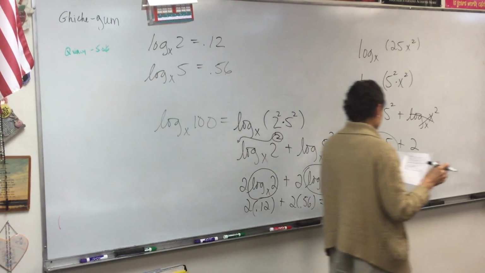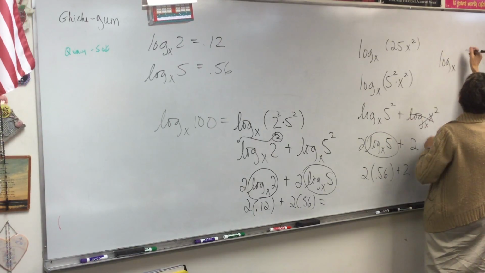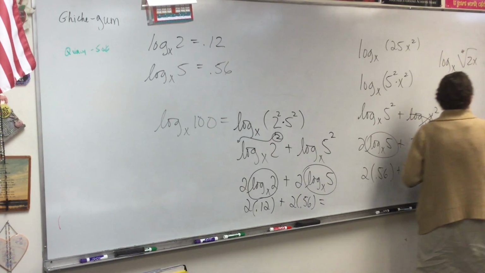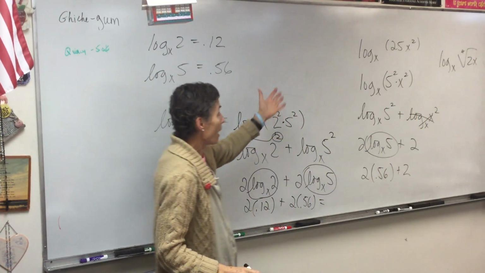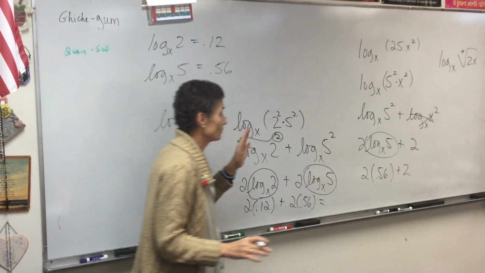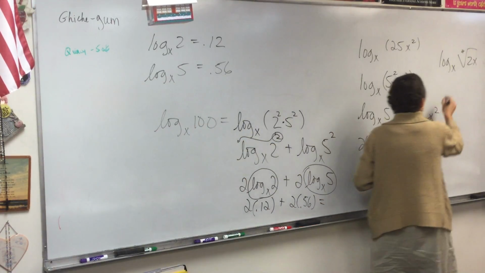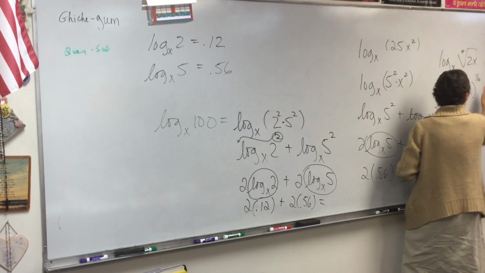We might as well do part C. It's the same thing, same given. Now the first thing that's just popping out at you is that 4th root. We don't want that. So we'll rewrite the 4th root as 2x to the 1/4.